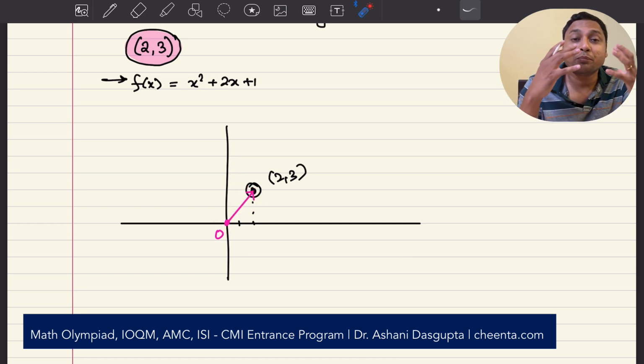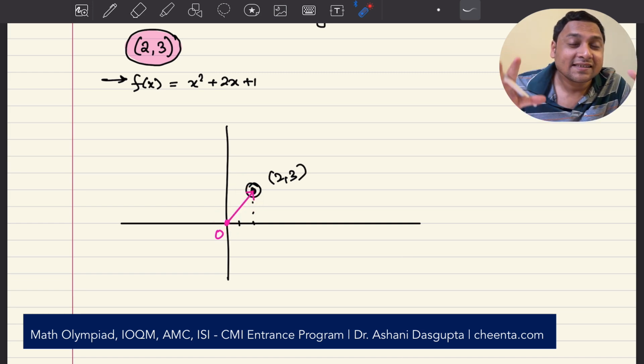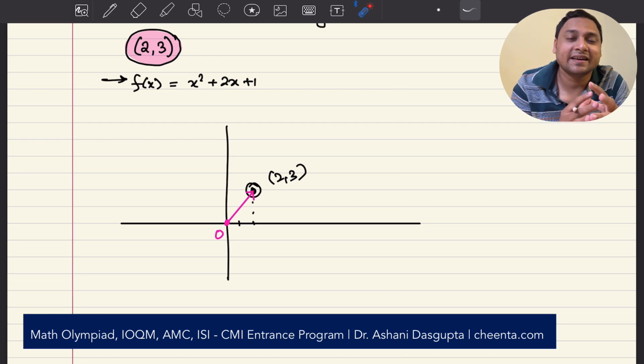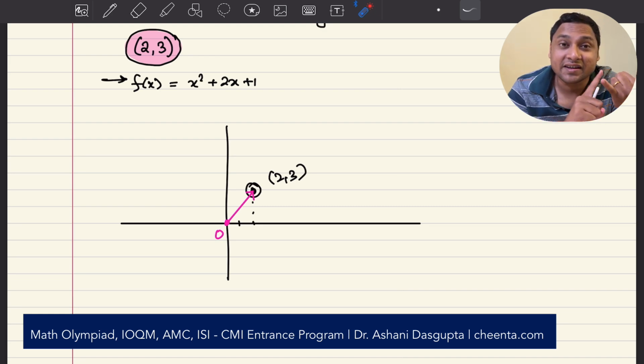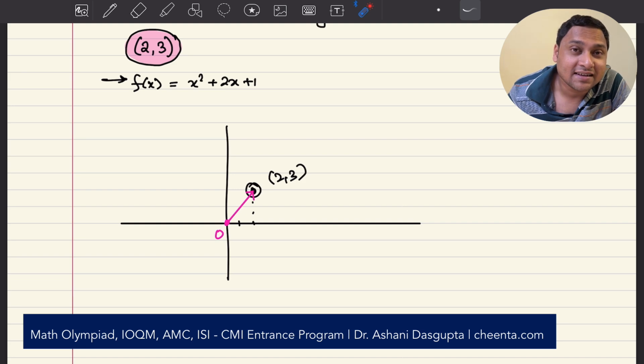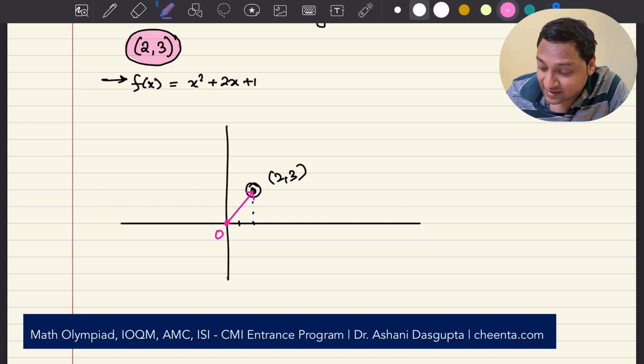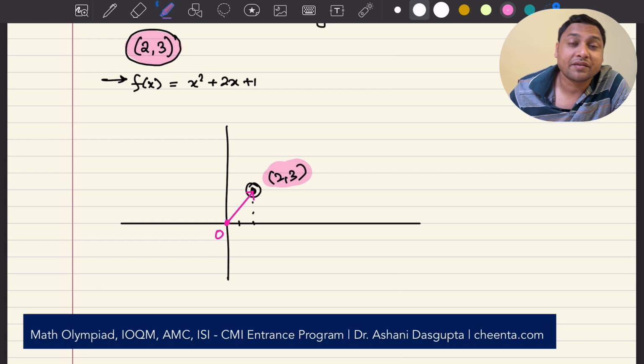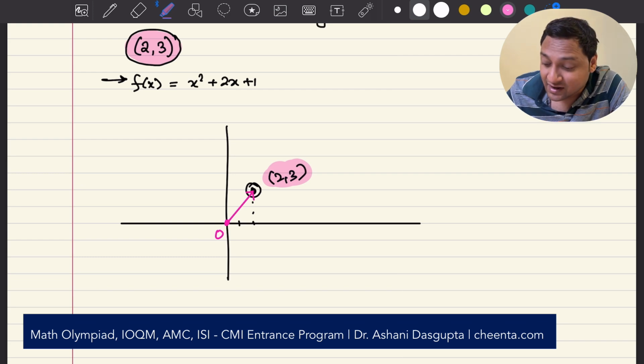So the point 2, 3 secretly encapsulates the idea of a particular direction and the idea of particular magnitude. Therefore, 2, 3 can be used to represent a vector. In fact, therefore 2, 3 can be used to represent a translation.